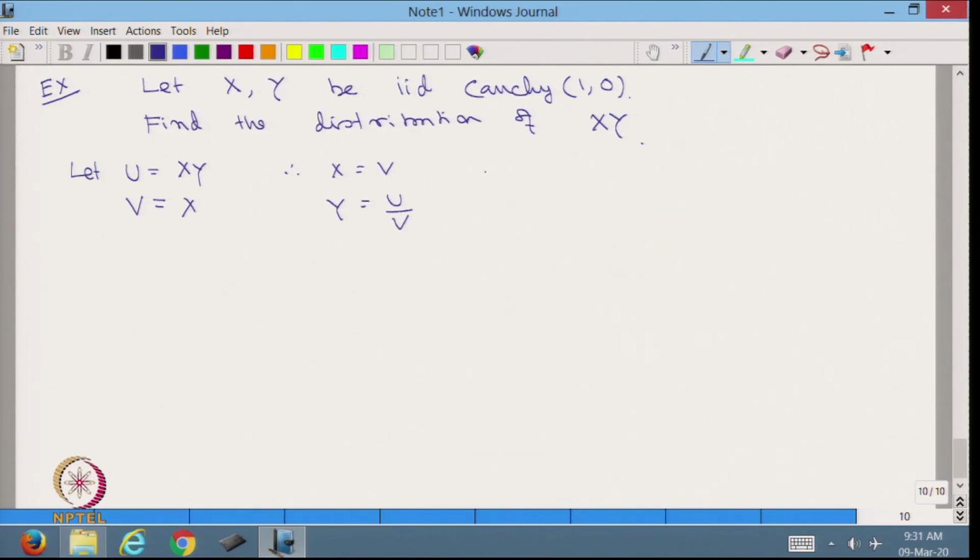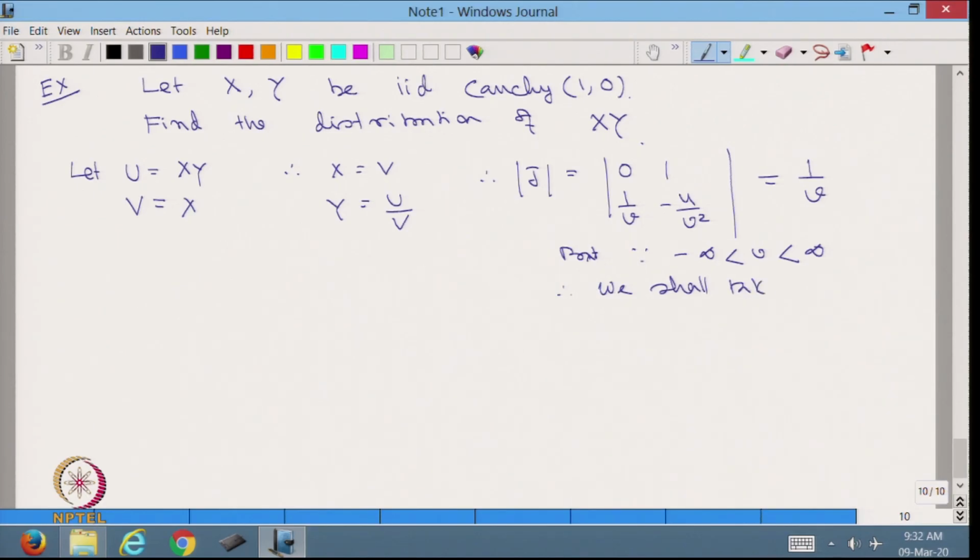Therefore, the Jacobian is going to be del x del u, del x del v, del y del u, del y del v, which is equal to 1 upon v. But since minus infinity is less than v less than infinity, we shall take the modulus of v when v is less than 0.